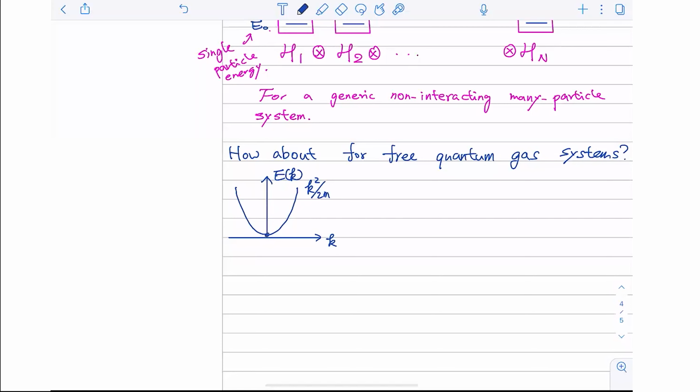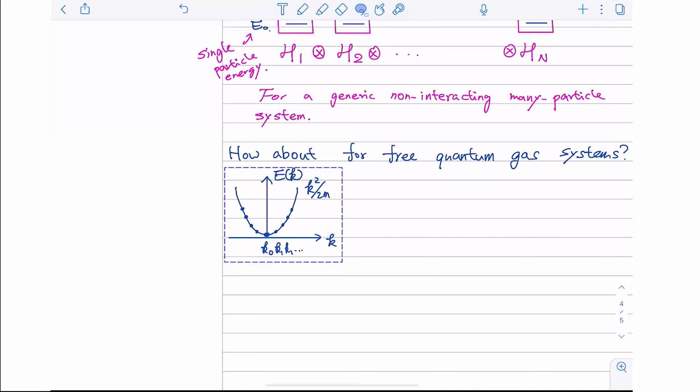And as we mentioned, we have discrete k to label the eigenstates, because now the momentum is a good quantum number to describe the single particle wave function.